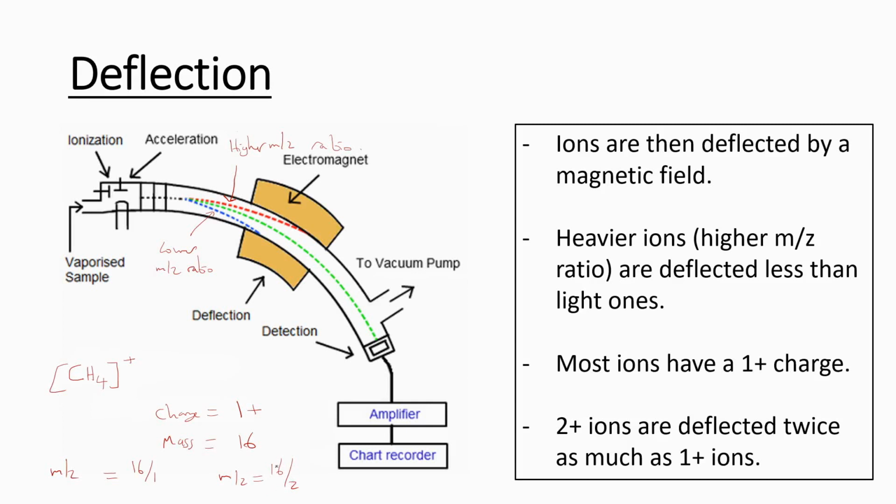The mass to charge ratio will be halved. And this is very important. Because it has the same mass and double the charge, it's going to be deflected twice. So it has a lower mass to charge ratio. The mass to charge ratio is halved, so the deflection is going to double.